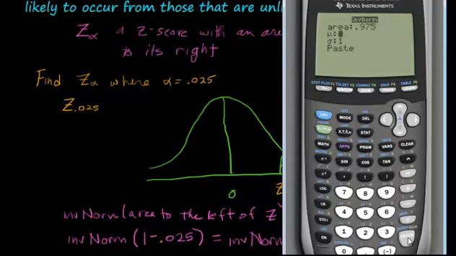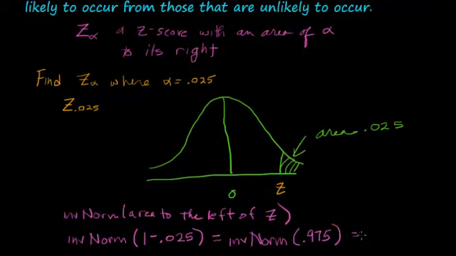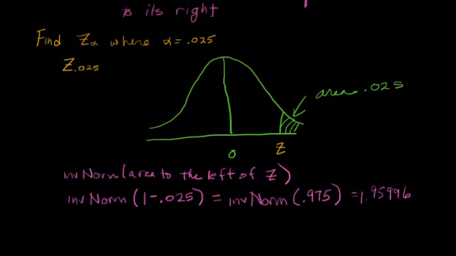Okay, enter, enter, enter. Okay, 0.975, and I get 1.95996. Again, with z-scores we usually round to 2 decimal places, and so this would be 1.96.